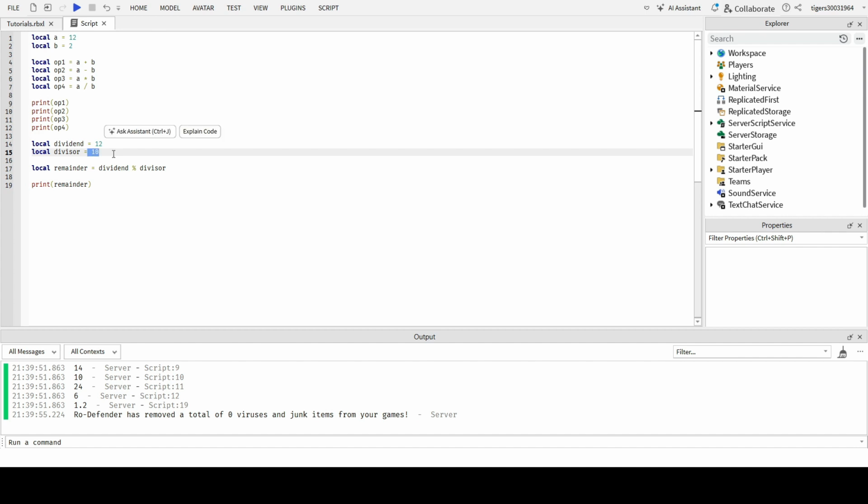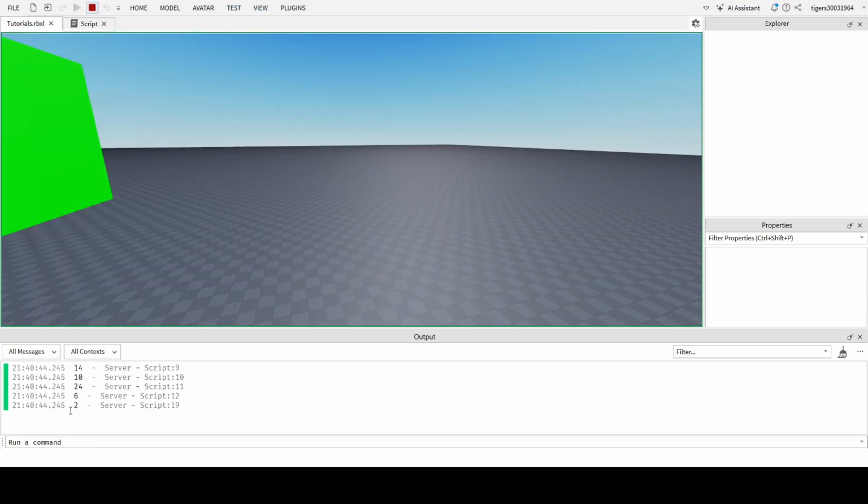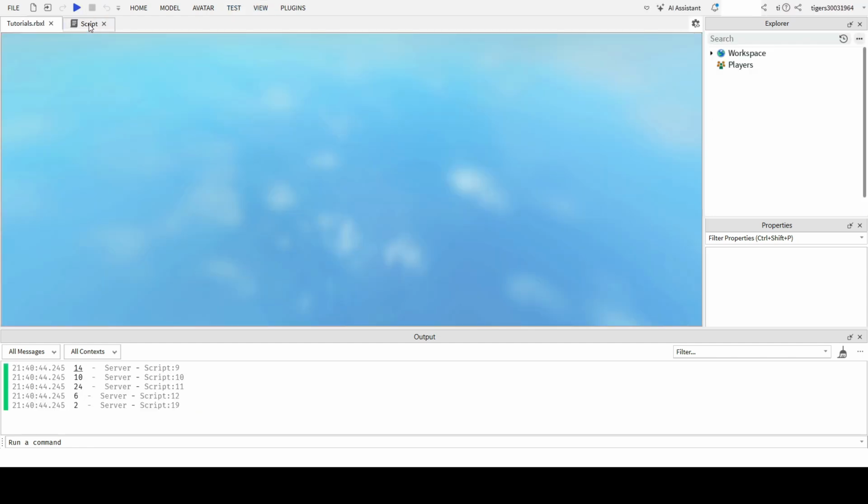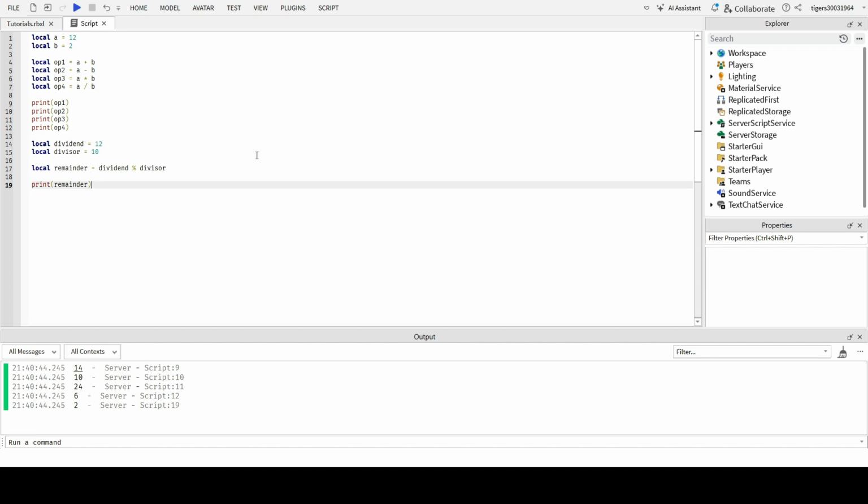Well, 1.2, but we want this to be a whole number, so let's say 1. We're not going to accept a decimal as our quotient here. So we can only fit one 10 in 12. 12 minus 10 is 2, therefore 2 is left over. So our remainder is 2. So modulo will obtain the remainder of a division, instead of just performing standard division.